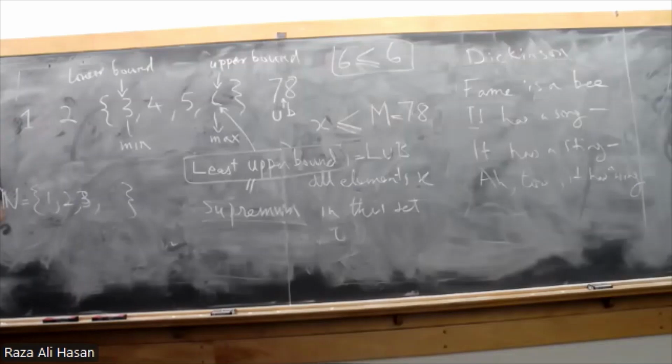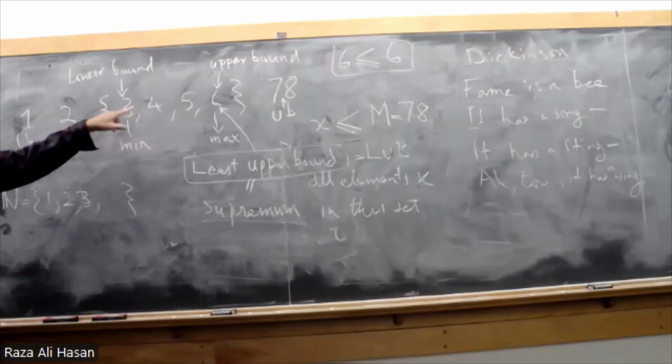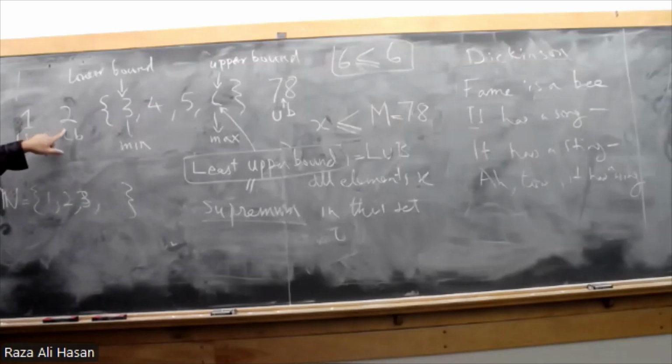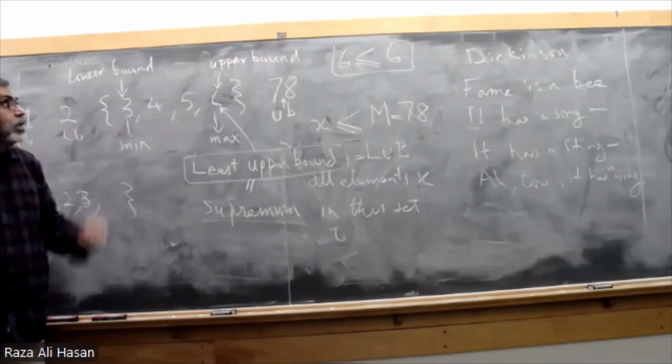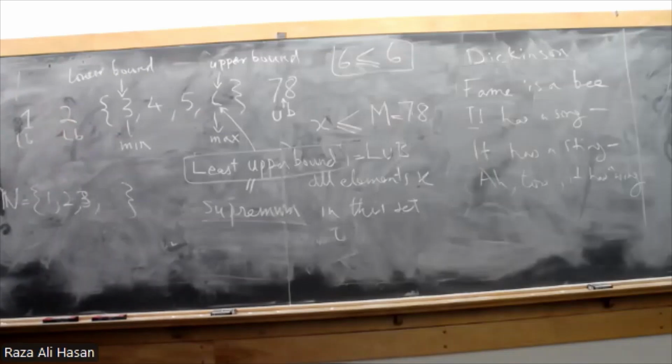What is 2? It's a lower bound. What is 1? When I say 1 is a lower bound, I'm saying that this set that contains 3, 4, 5, 6 is bounded from below by the number 1. This set that contains 3, 4, 5, 6 is bounded from below by 2. This set 3, 4, 5, 6 is bounded from below by the number 3, which is also inside the set. 3 is the largest of the lower bounds.